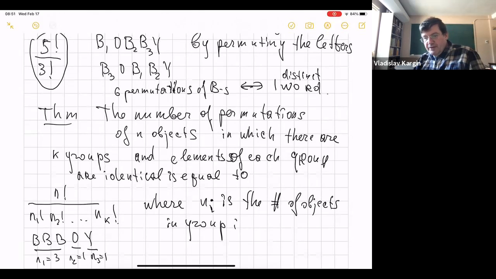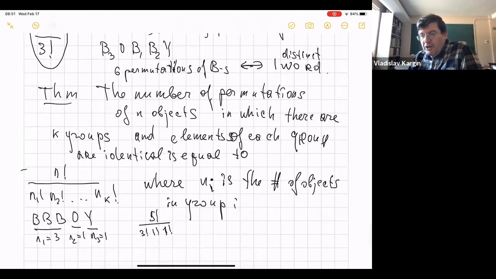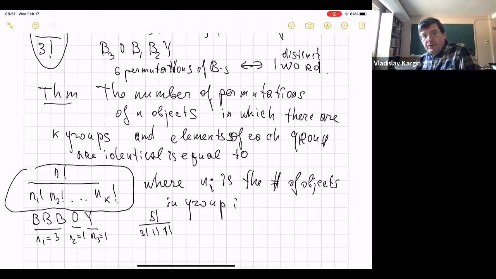So the answer in our case would be 5 factorial, the sum of all these n's, divided by 3 factorial and divided by 1 factorial, which we ignore because it's not essential, since O and Y are single elements in their groups. In general, the answer is given by this expression, and it is called the multinomial coefficient.